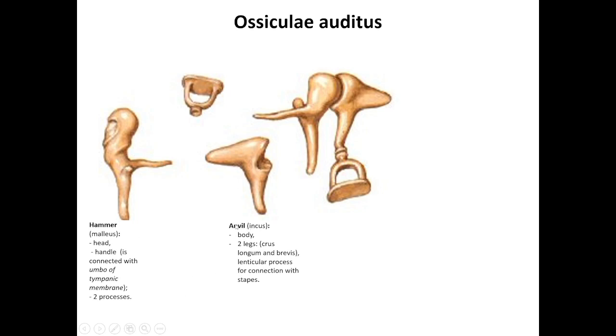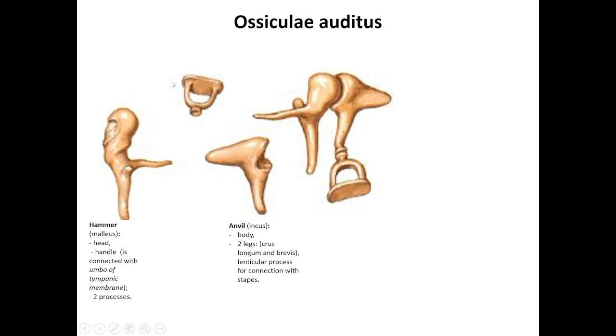Then incus or anvil. It also has a body. We have seen it in recessus epitympanicus on the previous slide. And two legs, crus longum and crus brevis, these two legs, and lenticular process for connection with stapes.